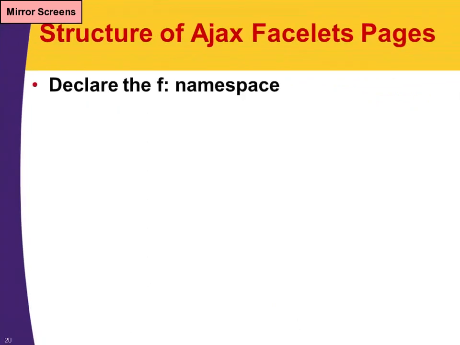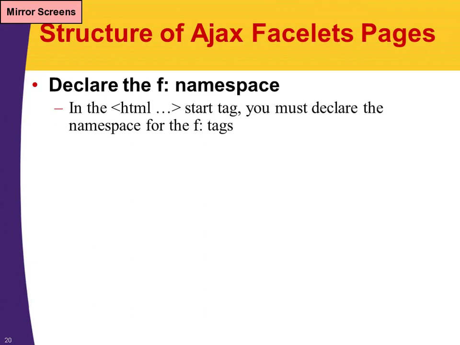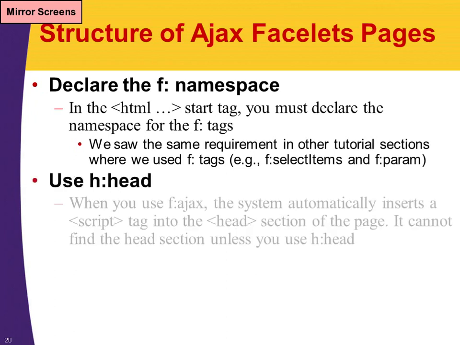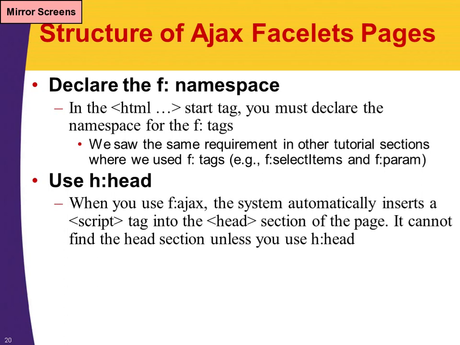So what do you have to do to use this stuff? Obviously you have to declare that namespace. We usually call it f by convention, and that's the same f that's used for other things like f:selectItems, f:param, f:view, and a couple of other things. In this case, even though it hasn't really been particularly necessary before, instead of using head, you use h:head.